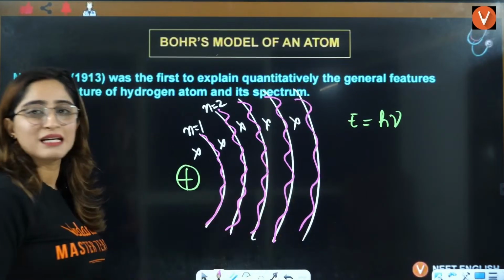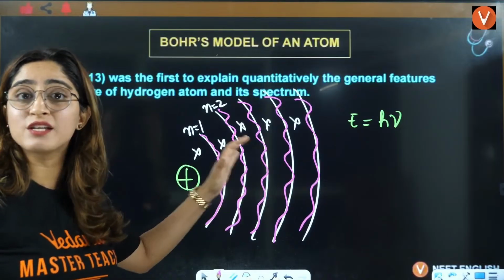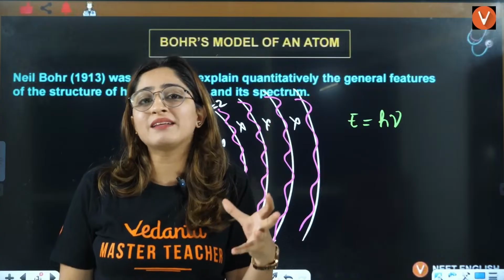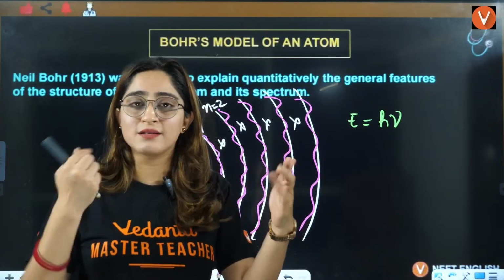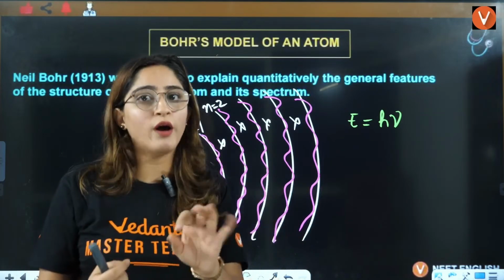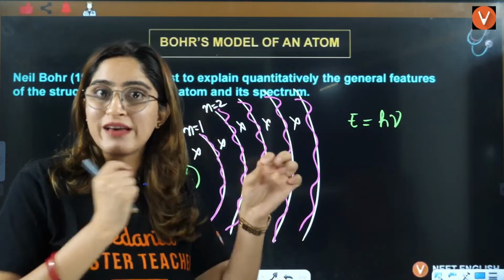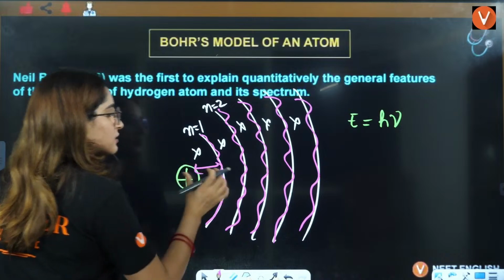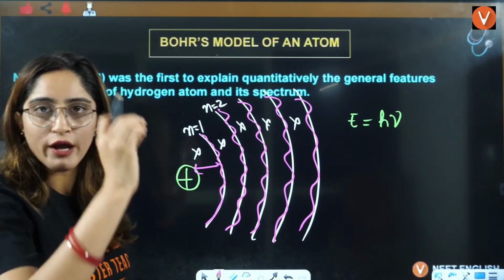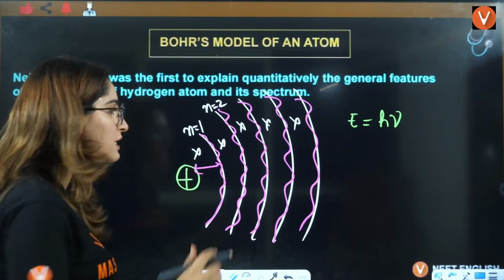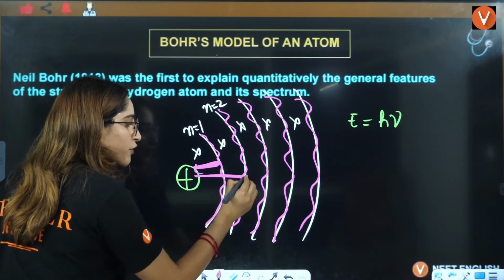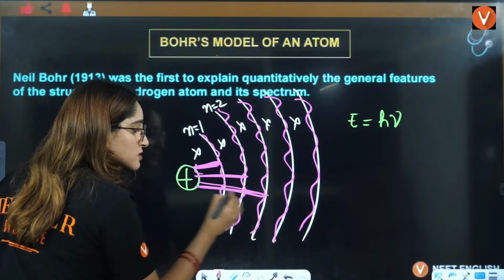These orbits that he is talking about: Rutherford didn't tell you anything about a fixed distance, but Bohr told you that there is a fixed distance from which the electron is revolving. So n1 is at a fixed distance, n2 is at a fixed distance, n3, n4, n5 are each at a fixed distance.